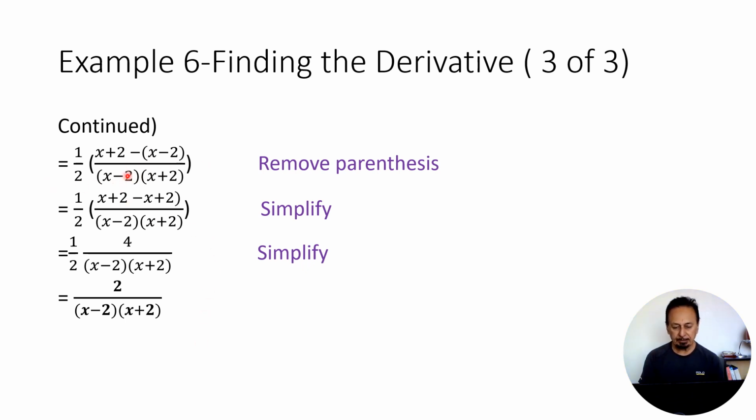So we remove the parentheses here, and we have 1/2, x plus 2 minus x, and minus minus becomes plus 2. x cancels with x, and 2 plus 2 becomes 4, and 4 divided by 2 is 2. So the final answer is 2 over x plus 2 times x minus 2.